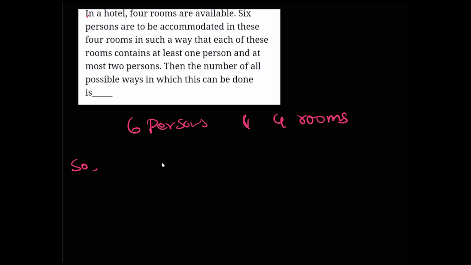So let us assign 1 person to each of the 4 rooms, like 6P4. We are taking 6 persons and arranging them in 4 rooms, and the other 2 persons will go into the rooms. P1, P2, P3 and P4 are placed; remaining are P5 and P6.